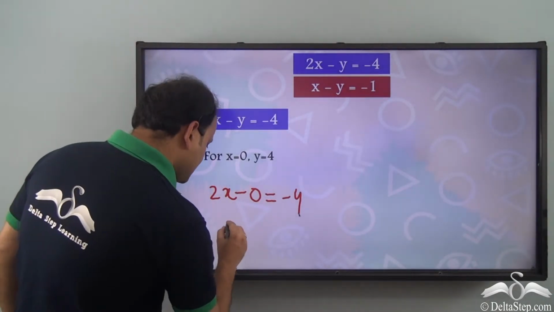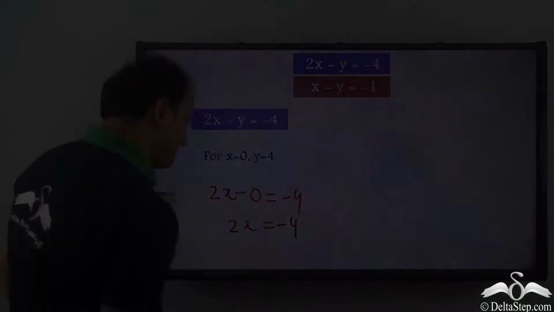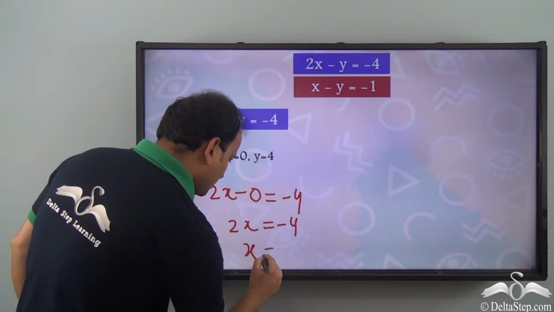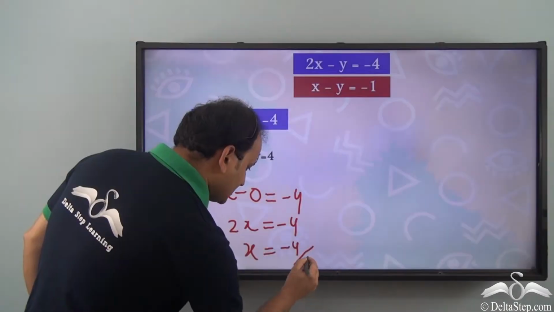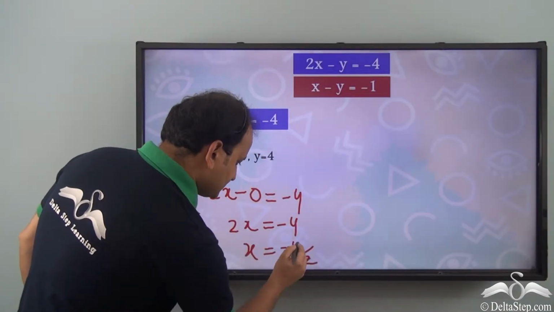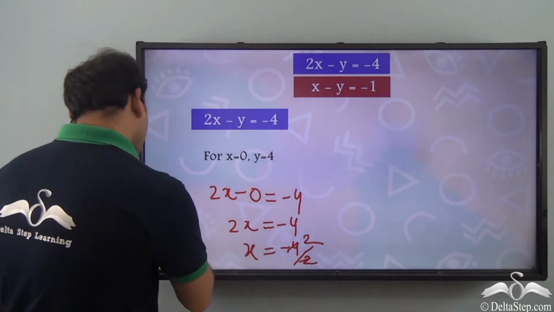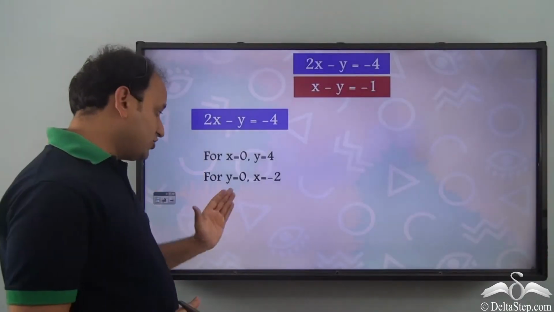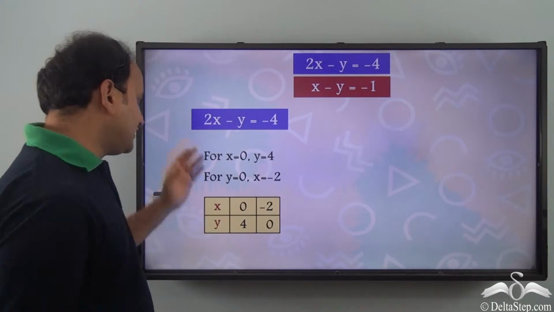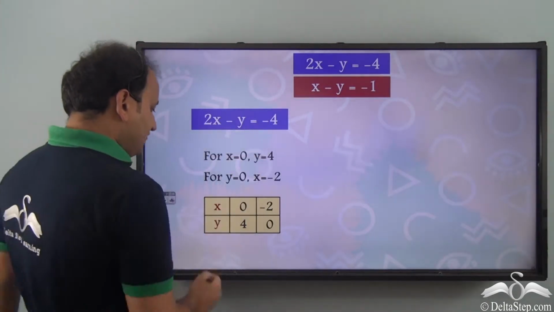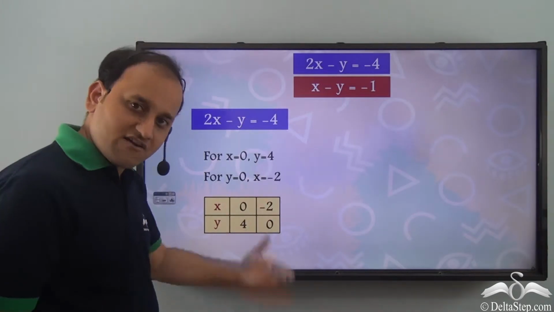It means 2x is equal to minus 4, or x equal to minus 4 by 2. So we have minus 2. So for y equal to 0, x equal to minus 2. So for this particular equation, we have these values. So we have this table which we can plot on a graph paper.